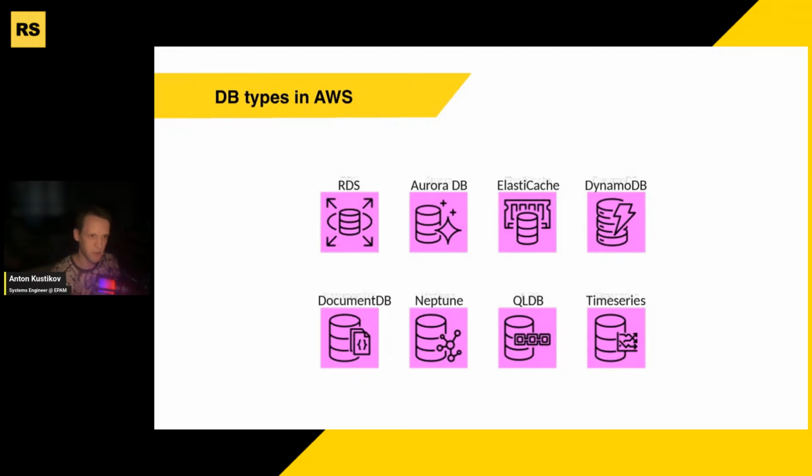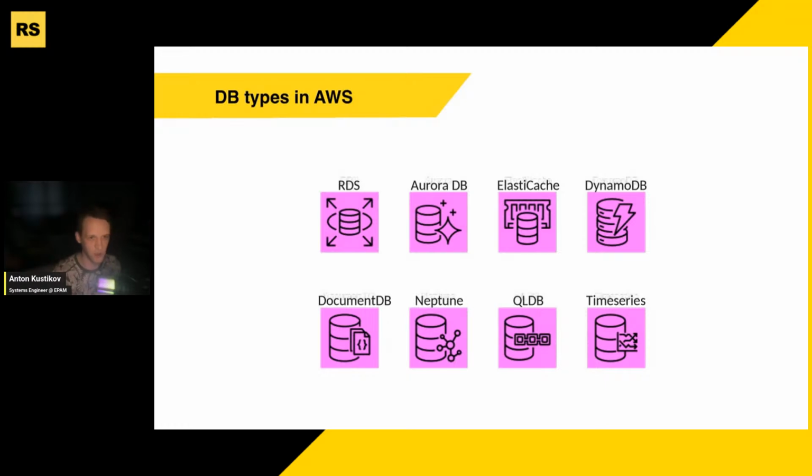And the next option is AuroraDB, which is, I would say, the same but different. If we are talking about AuroraDB, AWS gives us an option to choose between MySQL and PostgreSQL databases as an engine for this service.